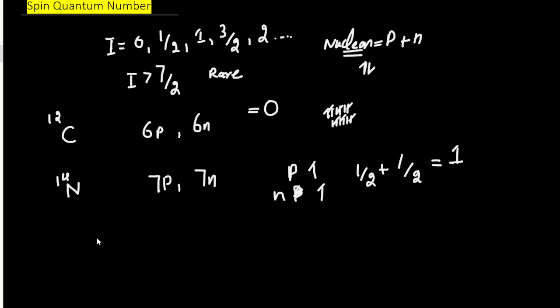So for complex systems, like if we have more protons or neutrons, these are some of the simple cases.